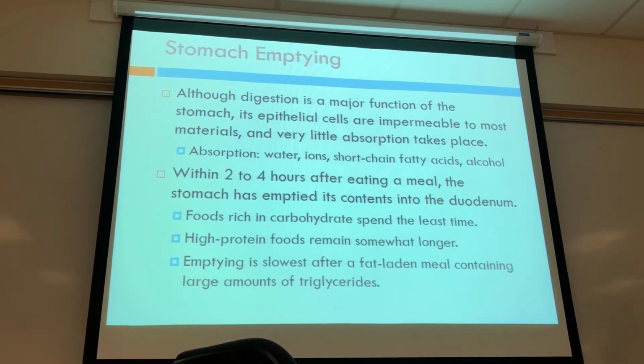For those of you that drink alcohol, you might take that first sip of alcohol, and you might notice that all of a sudden, maybe this is just me, but I feel it within 10-15 seconds. How do you absorb it so quickly? Well, there's a little bit of absorption taking place in the mouth due to the rich capillary beds there, but also absorption that's taking place within the stomach.